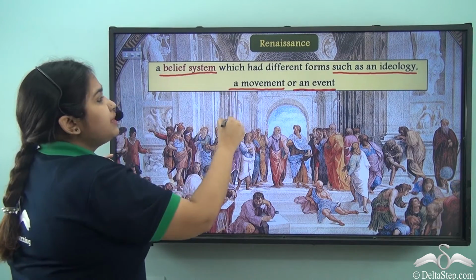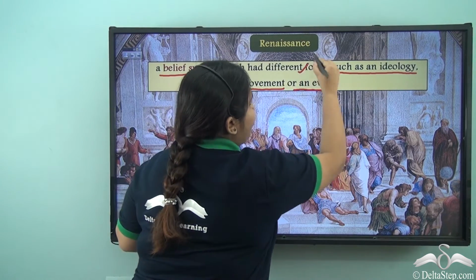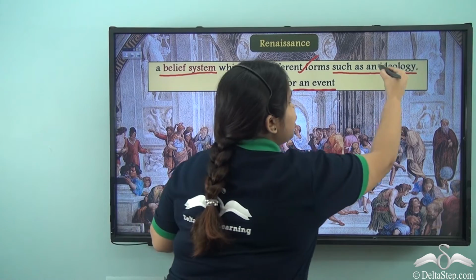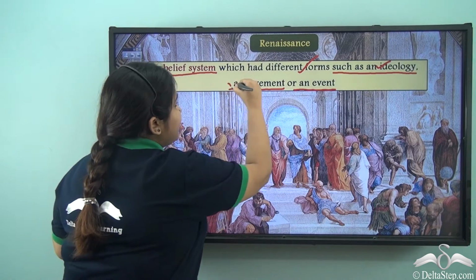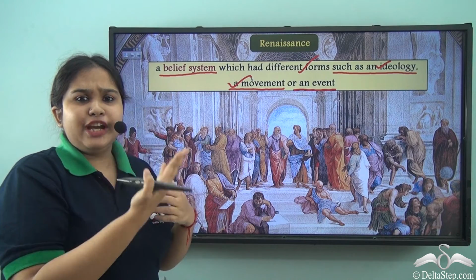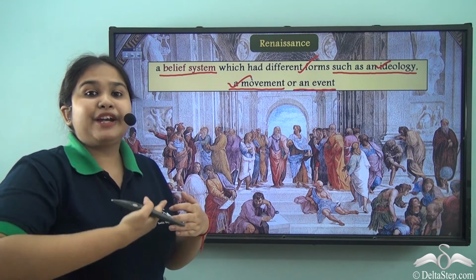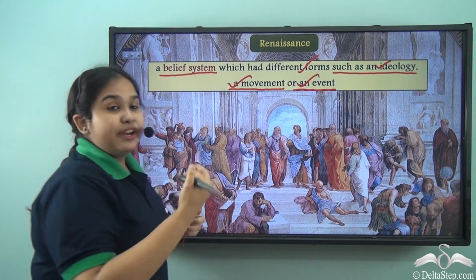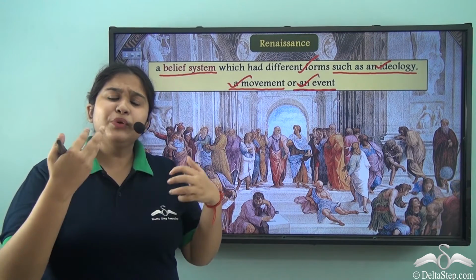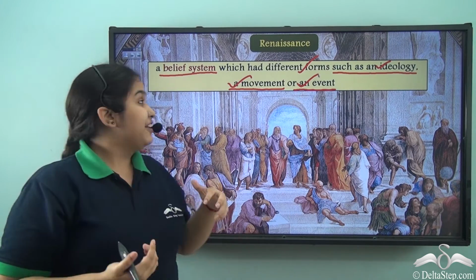So Renaissance therefore can be in any form, right? It can be an ideology, it can be the thoughts, it can be the ideas, it can be a movement in the change, the way the pattern of painting was changing, or it could be an event. For example, the invention of printing press, right?